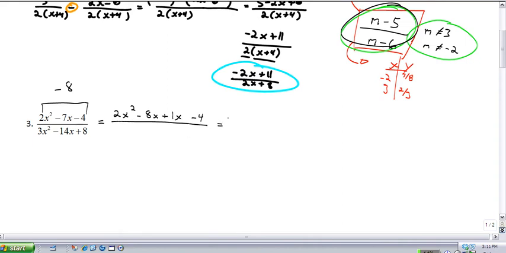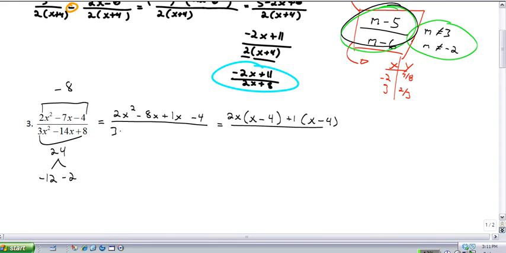You can factor out 2x, and then you'll have another x minus 4 with a 1. We can do the same thing on the bottom. That's 24. What multiplies to 24 and adds to -14? That would be -12 and -2.